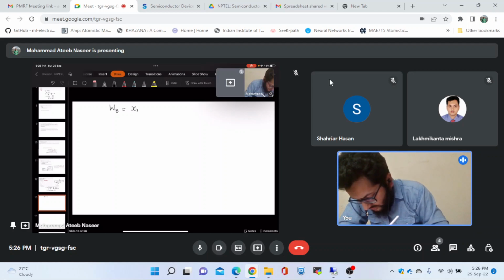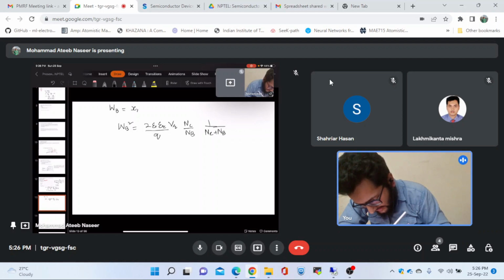So at the punch through, let me replace this x1 by WB and write this as 2 times epsilon naught epsilon r, and also square this because it was in square root, and square this VR divided by Q times NC by NB divided by 1 plus NC plus NB.